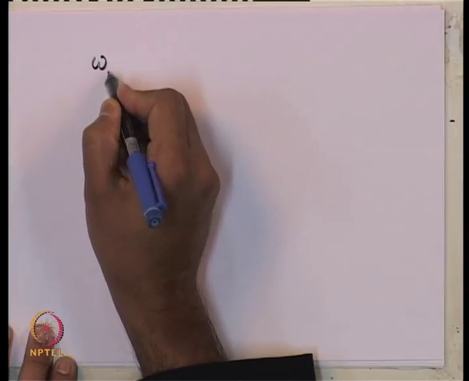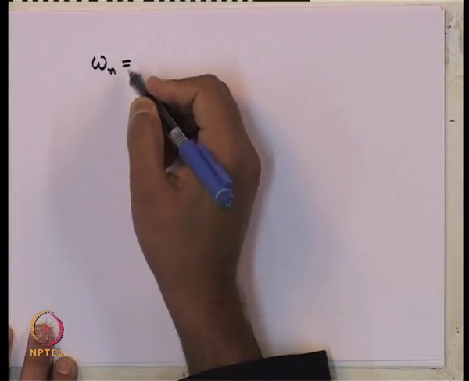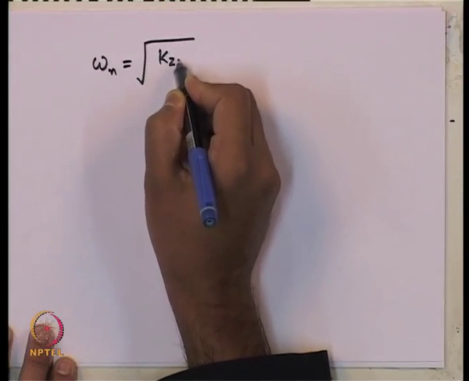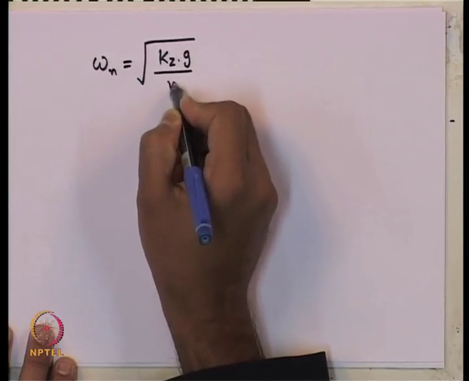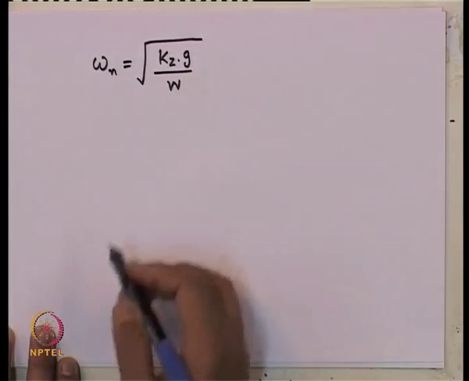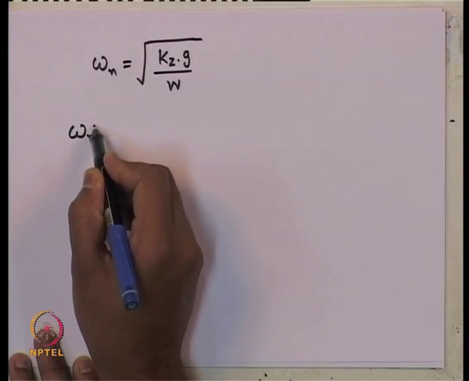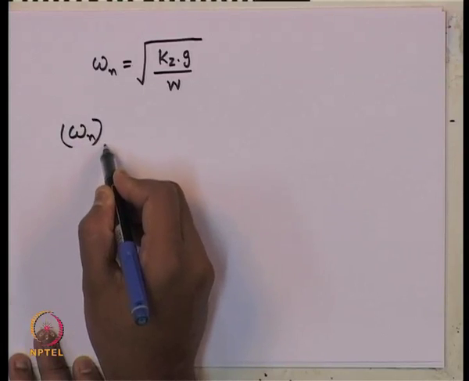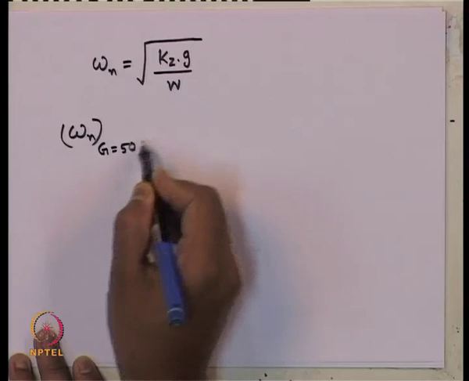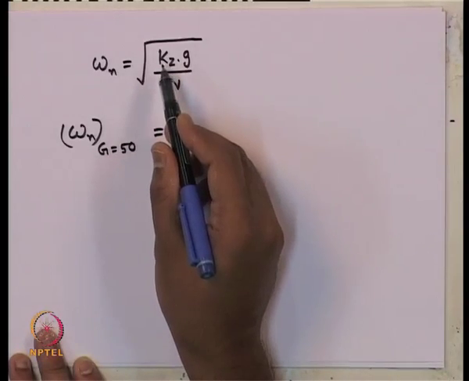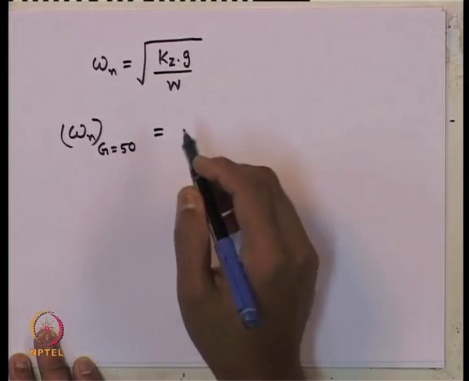What is the natural frequency omega n? That is nothing but root over Kz times g by W, that is Kz by m. So, natural frequency omega n for 3 different types of soil will depend on 3 different values of Kz.